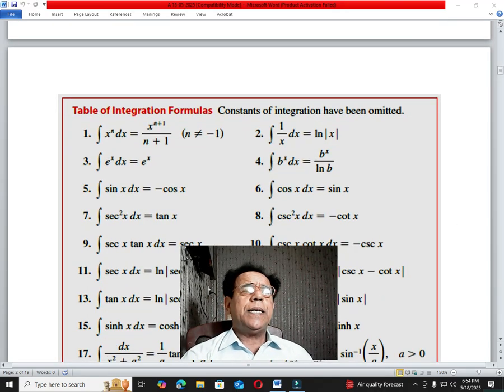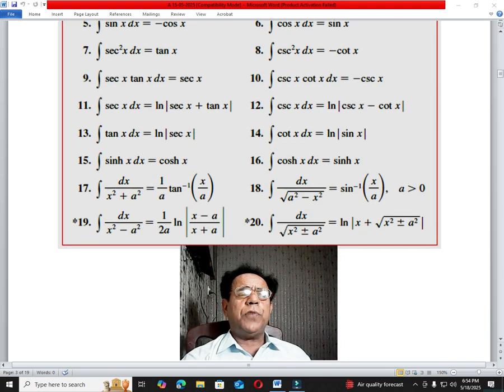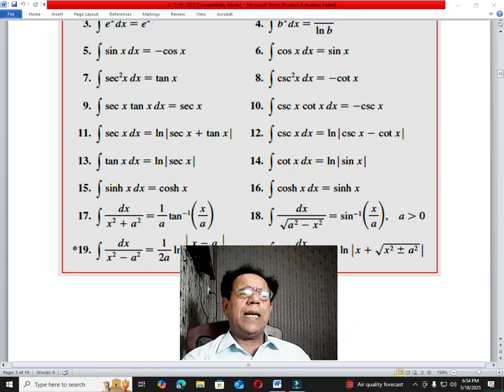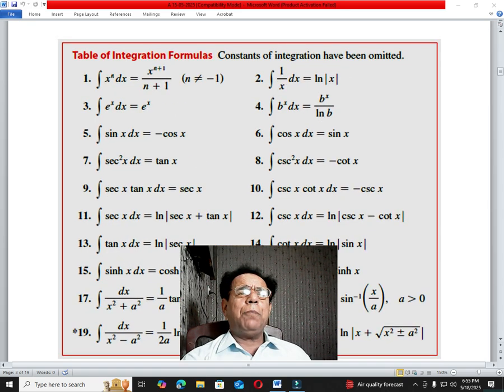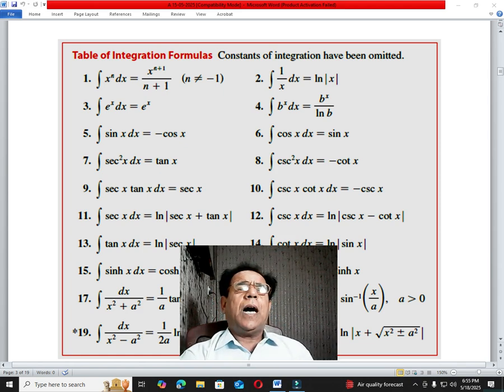Next, the table of integration formulas in another version. Almost all those formulas have been chosen from another book. Almost these are the same as in the previous slide.